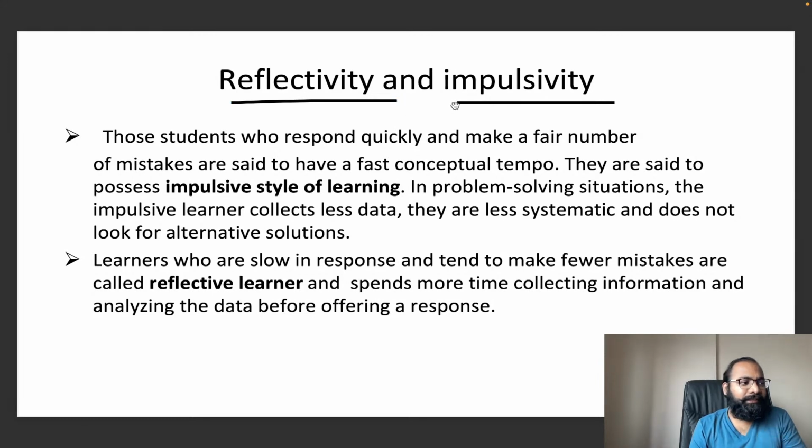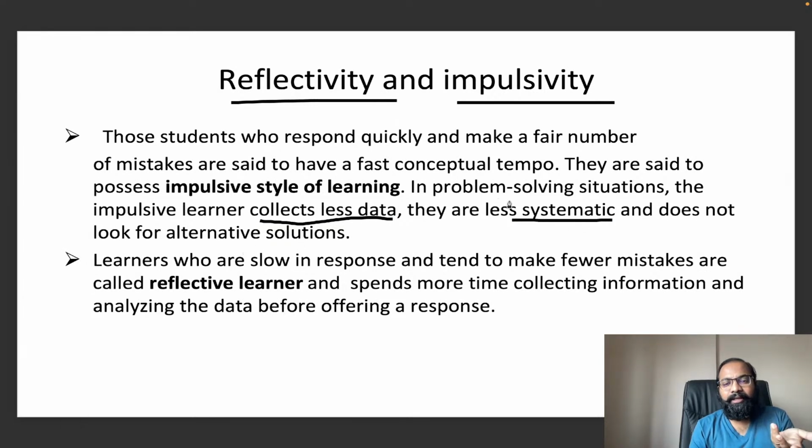Now, what are the advantages and disadvantages here? In the impulsive style of learning, the learner collects less data because the question is not yet completed. Even if it is completed, you did not analyze that question, you did not collect the data present in it. So if you give an immediate answer, it will be less systematic.